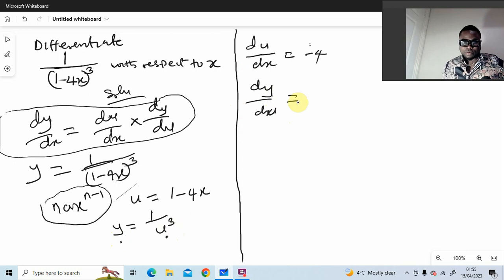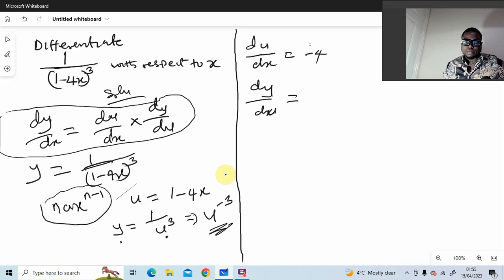But remember that in indices, 1 over u raised to the power of 3 is the same thing as u raised to the power of minus 3. If I want to return it back to this form, I remove the minus and put 1 over u raised to the power of 3. So now I will differentiate this.